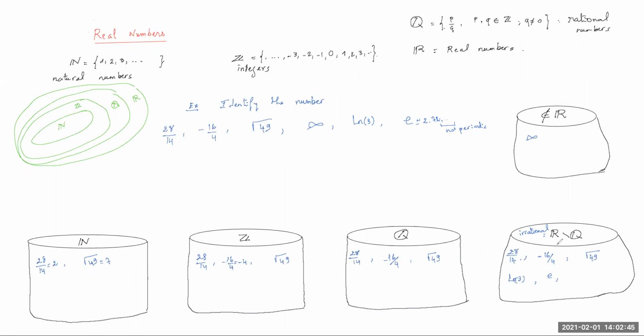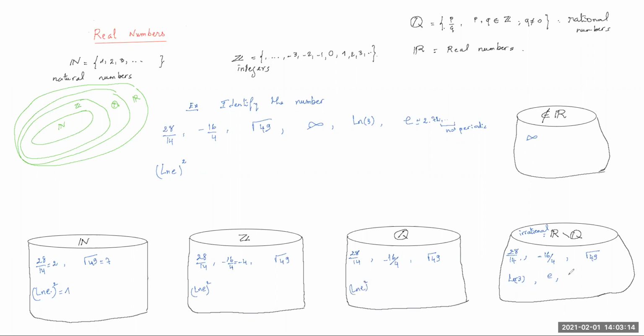What else? We have ln e. Now ln e is 1. Even though it's written differently, its value is exactly 1, so it will be everywhere.